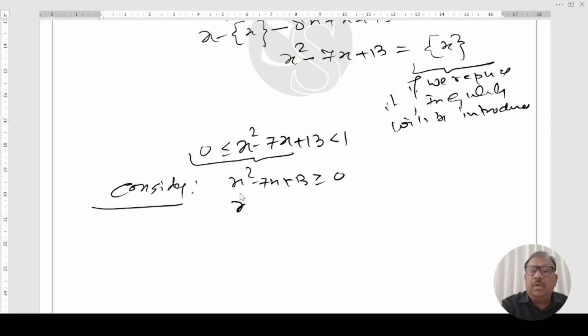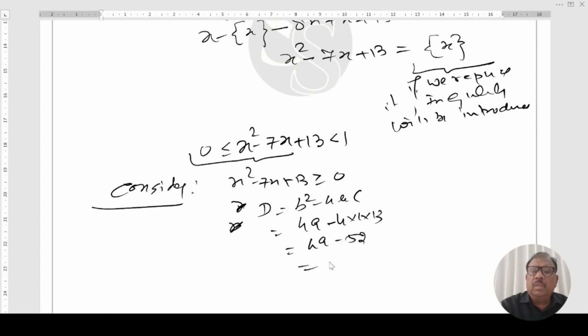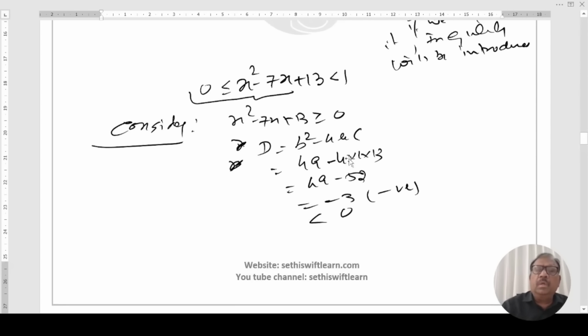Now, splitting of middle term is not possible. Then first of all, find D, b square minus 4ac. 49 minus 4 into 1 into 13. 49 minus 52, that is minus 3, negative. Means less than 0. And coefficient of x square is equal to 1.